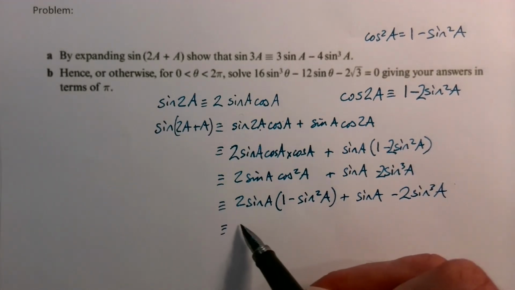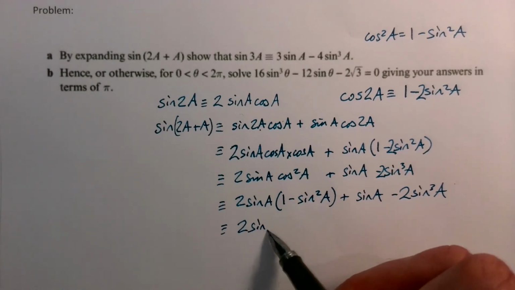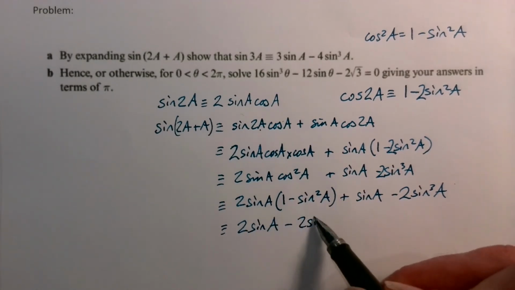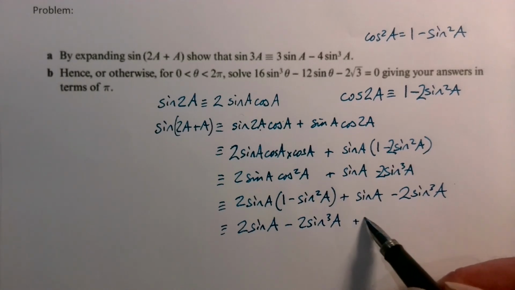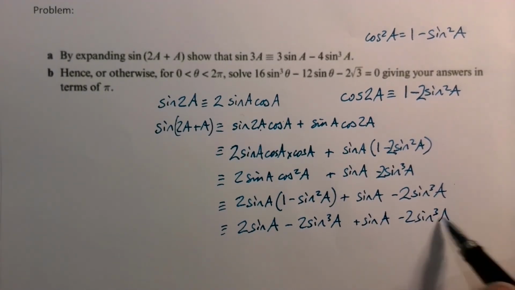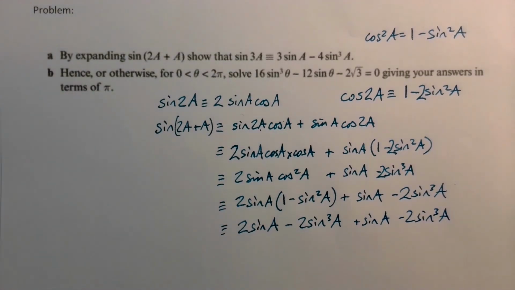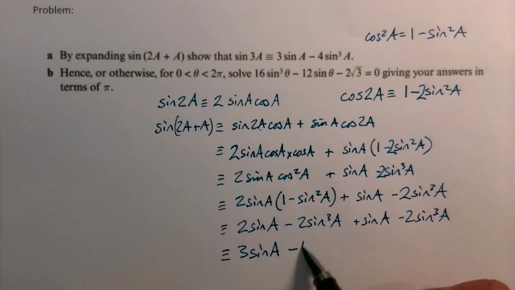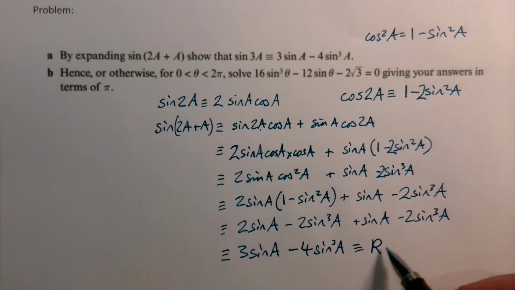Expand the bracket, 2 sine a take 2 sine cubed a, add the sine a, take the 2 sine cubed a. Take your time though, now it's just a little bit of simplifying, and that gives us 3 sine a, negative 2 and negative 2 making negative 4 sine cubed a, which is the right hand side.